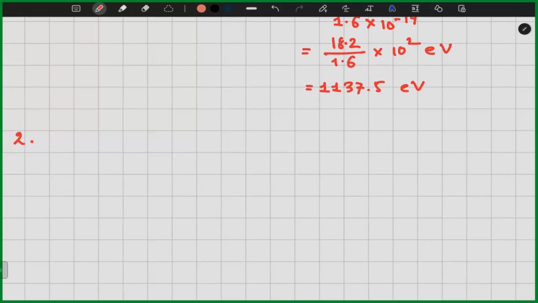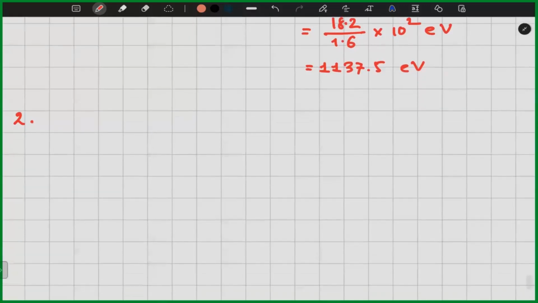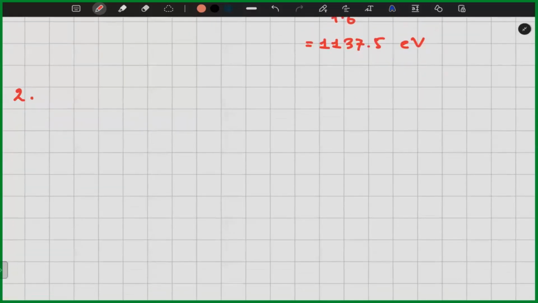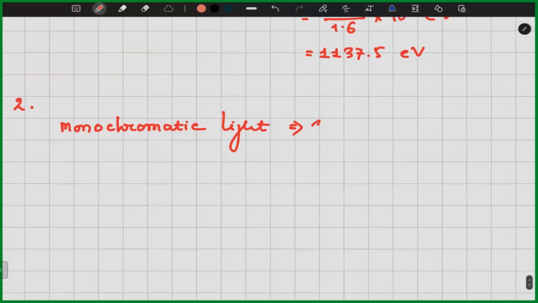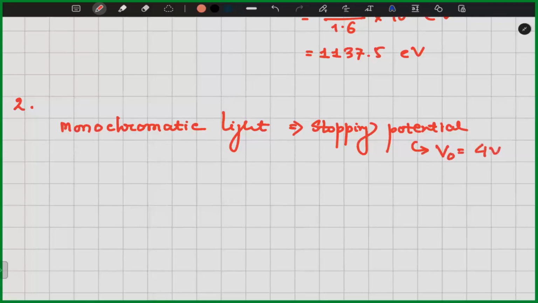Okay, next question. They asked about a monochromatic light. When it is irradiated on the metal surface, they have provided the value of the stopping potential, V0, that is 4 volt.